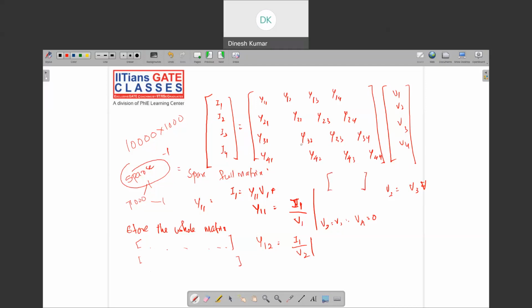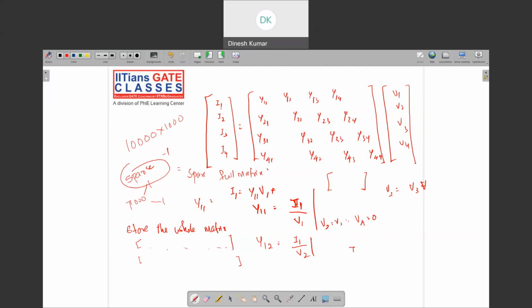But storing the Y matrix is very easy, because it is a sparse matrix. I hope you understand how we are looking at the Y matrix. Then we can look at the next aspect.